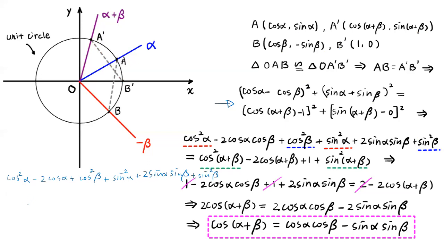And this equals cosine alpha plus beta square minus twice of cosine alpha plus beta plus 1, and then plus sine alpha plus beta square.